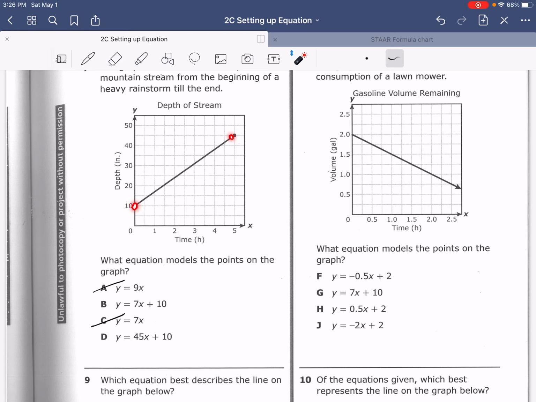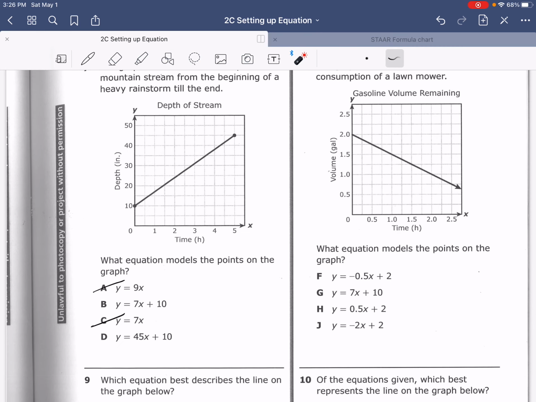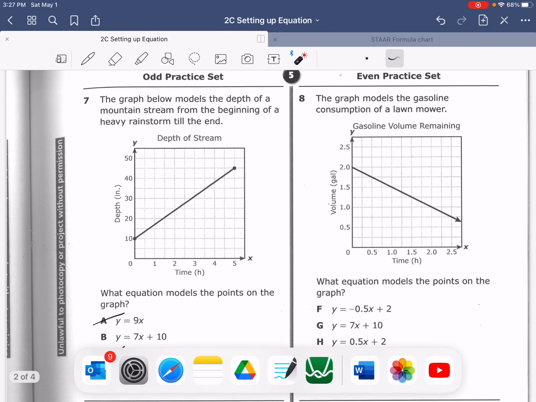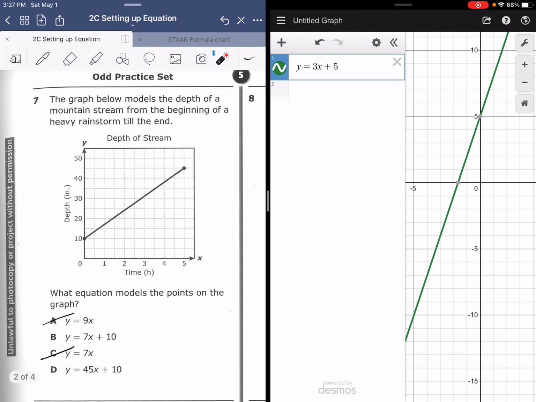Would you like to use these 2 points and find the slope and equation like we did before, or would you like to graph? To me, I'd rather graph it, because we already have only 2 options. So why not graph if you can eliminate 2 answer choices already? So let's graph it.